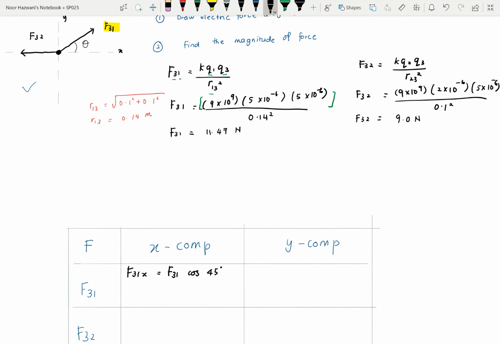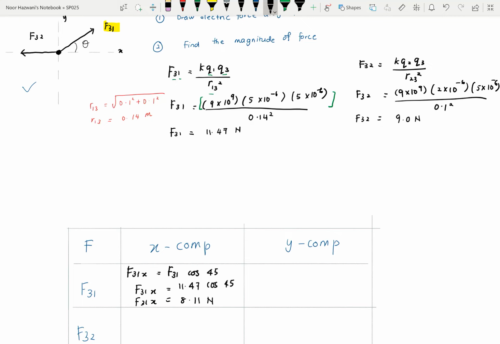So you punya F31x would be equals to F31 you adalah 11.47, cos 45. So F31x you akan sama dengan 8.11 Newton.